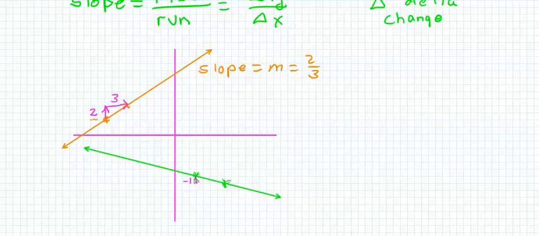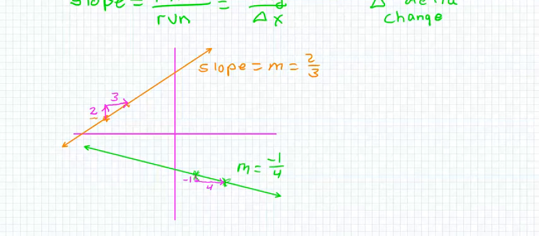And then I go over 1, 2, 3, 4, which is positive. My slope of my green line is -1 over 4. Instead of going up, I went down, and down is negative. And then I went to the right, which is positive. That's all there is to finding the slope.